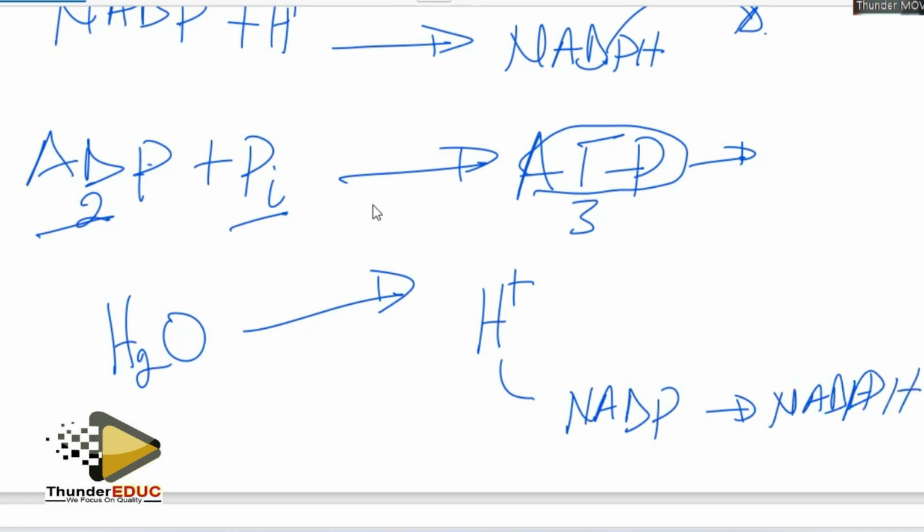The second function is phosphorylation, to add ADP to inorganic phosphate, so that there are 3 phosphates instead of 2, hence forming ATP, which is adenosine triphosphate.